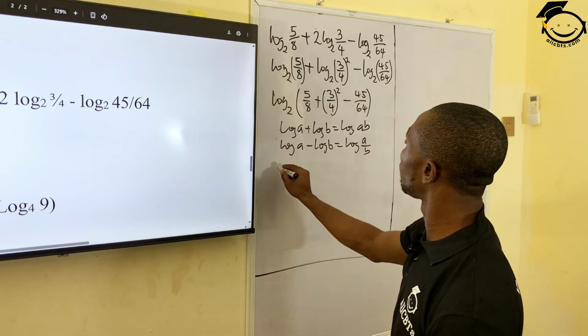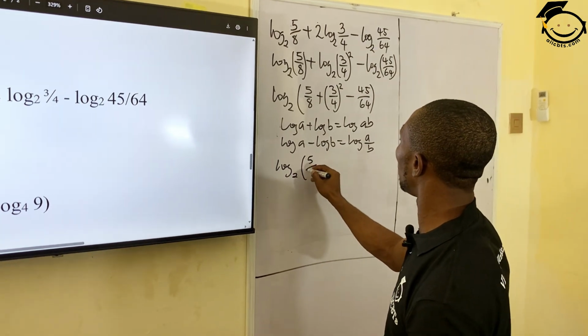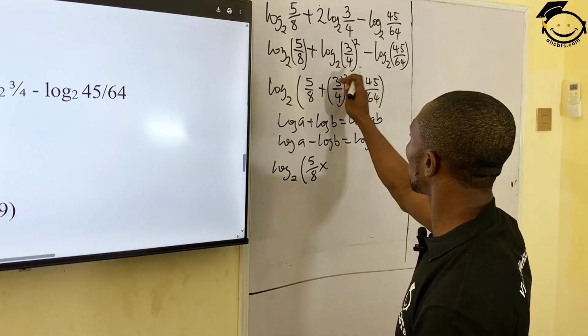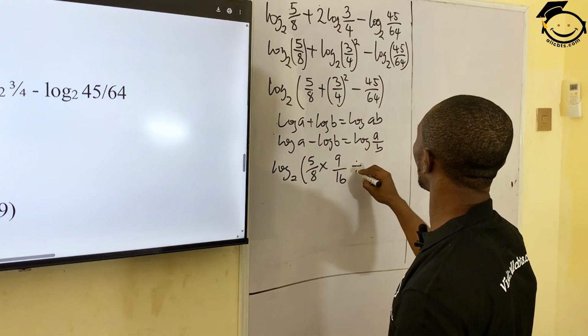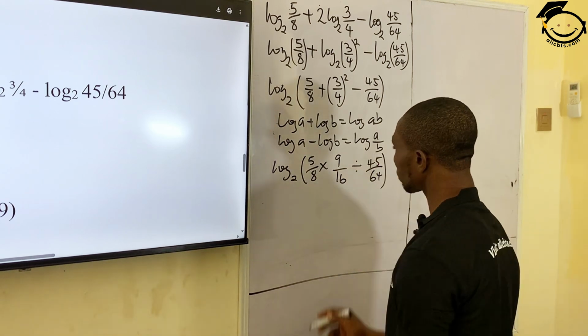This will become log_2 of (5 over 8 times, let's expand this, 3 squared which gives us 9 all over 16) divided by 45 over 64.